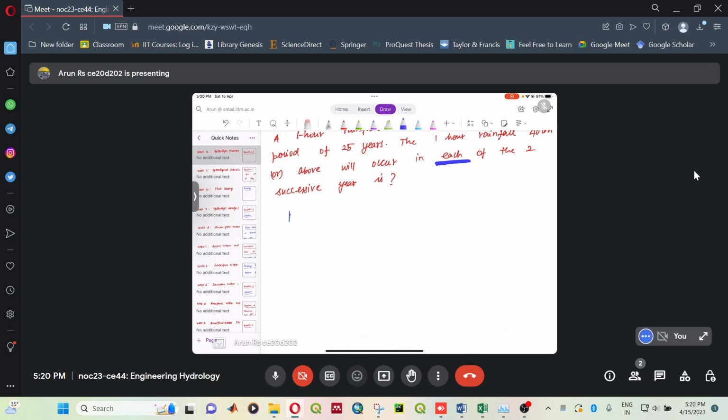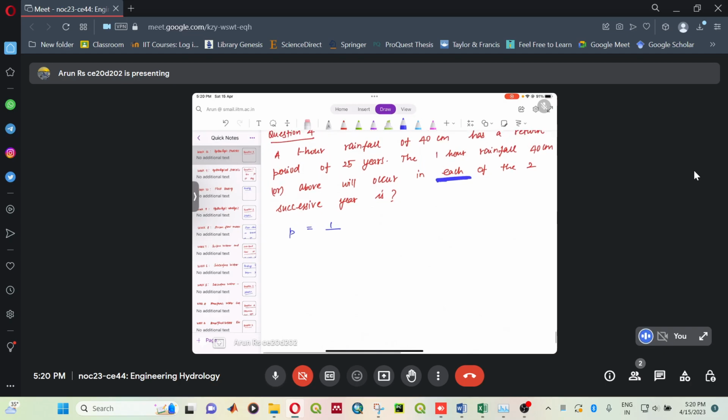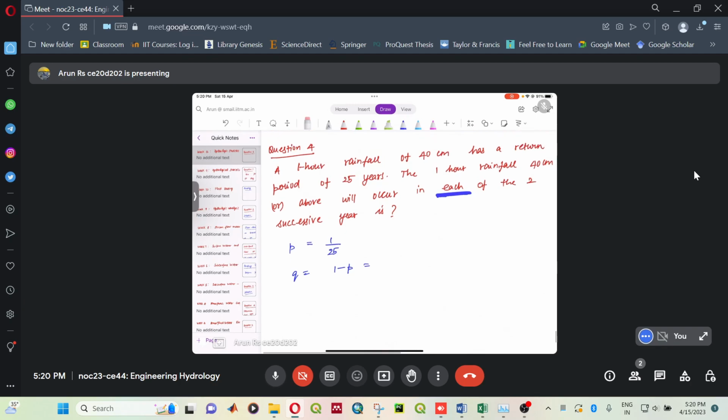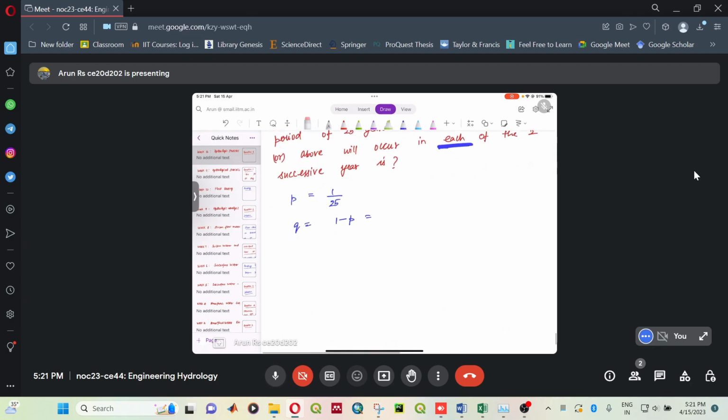So here we can write p as 1 by 25, which is 1 by T, and q will be 1 minus p, that is 24 by 25.